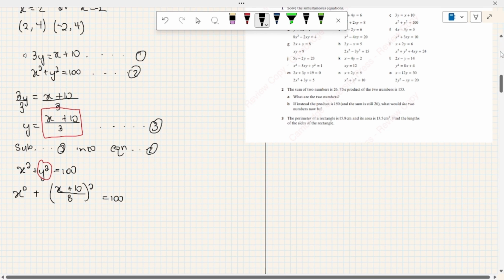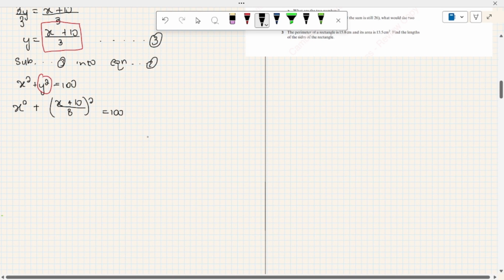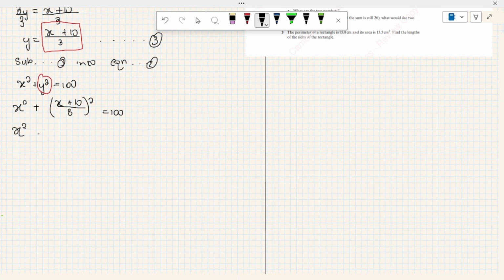So x squared plus (x plus 10) squared. What are we going to get?